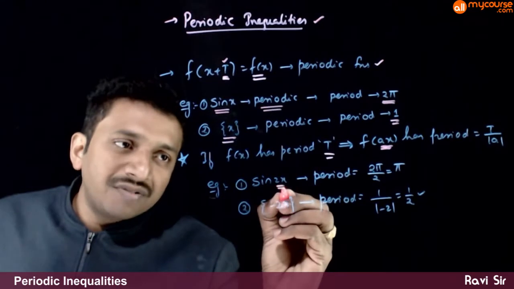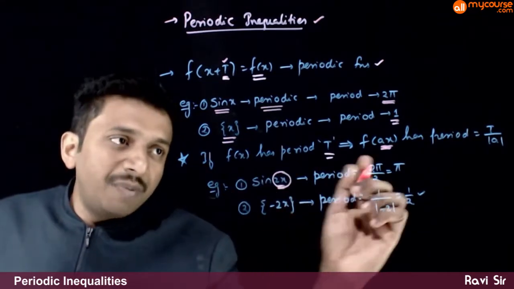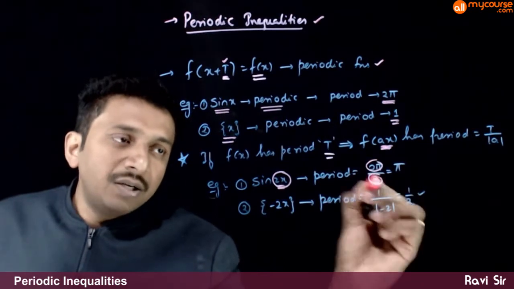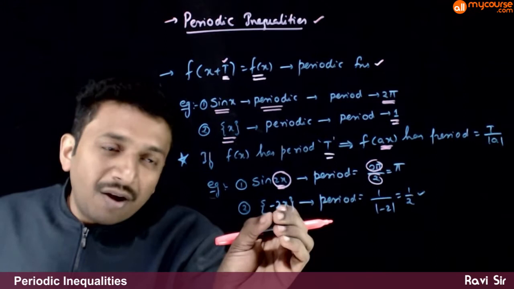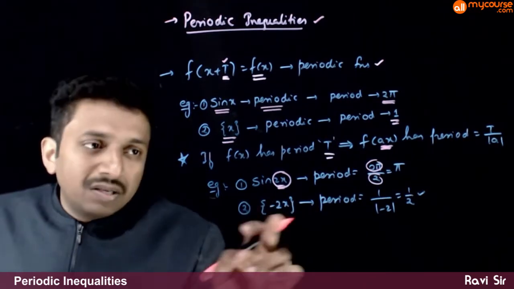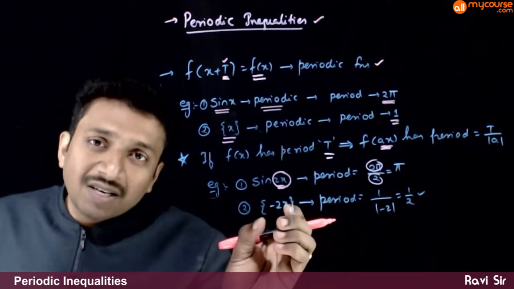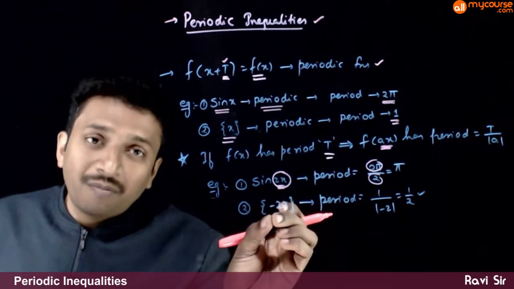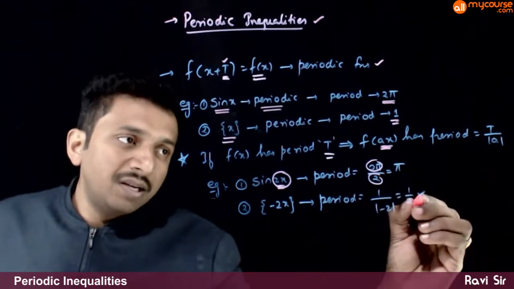So what is the period of sin 2x? Here x is being multiplied by 2, so the period becomes 2 pi by 2, that is pi. Similarly, what is the period of fractional part of x? The period is 1. So what is the period of fractional part of minus 2x? It is 1 by mod of minus 2, which is 1 by 2.